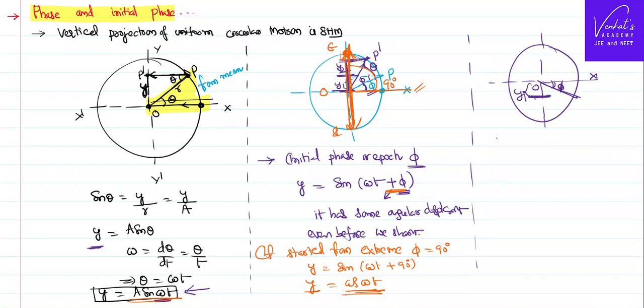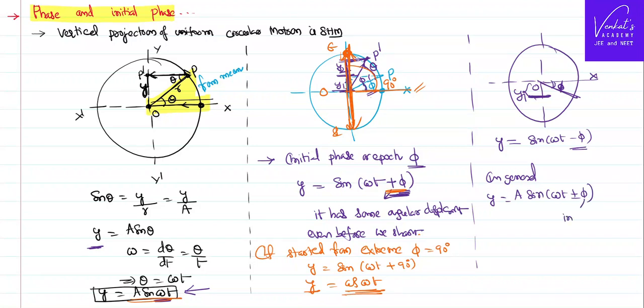In the earlier case it had a positive displacement, that's why I wrote plus phi. Here we will write y equal to a sin omega t minus phi. So plus phi means it is initially above the mean position, and minus phi means it is initially below the mean position. In general, we can write y equal to a sin omega t plus or minus phi.